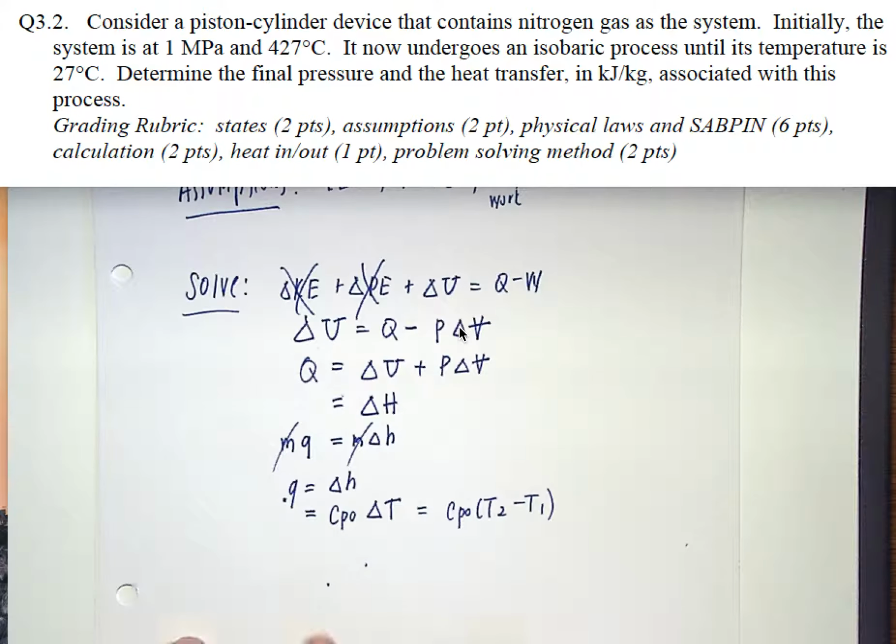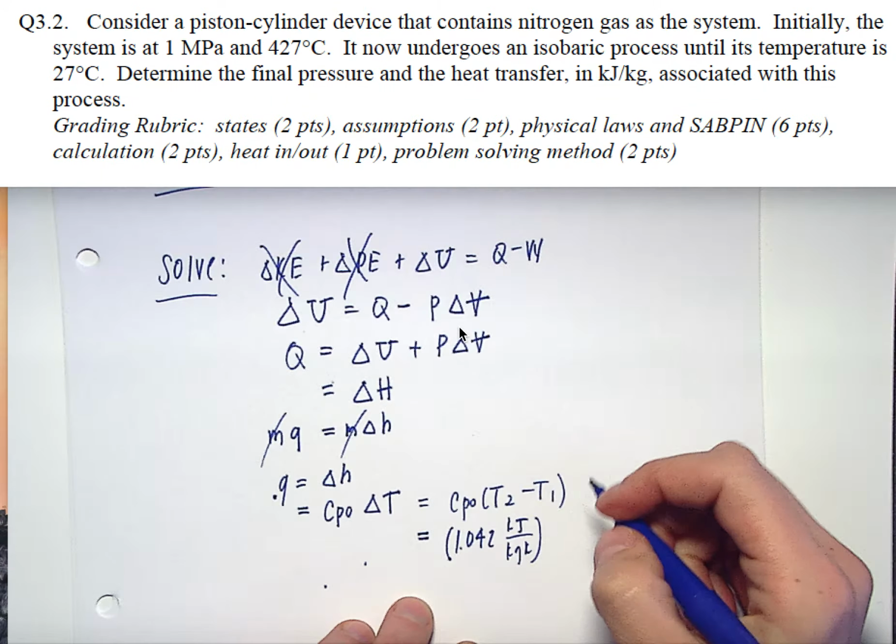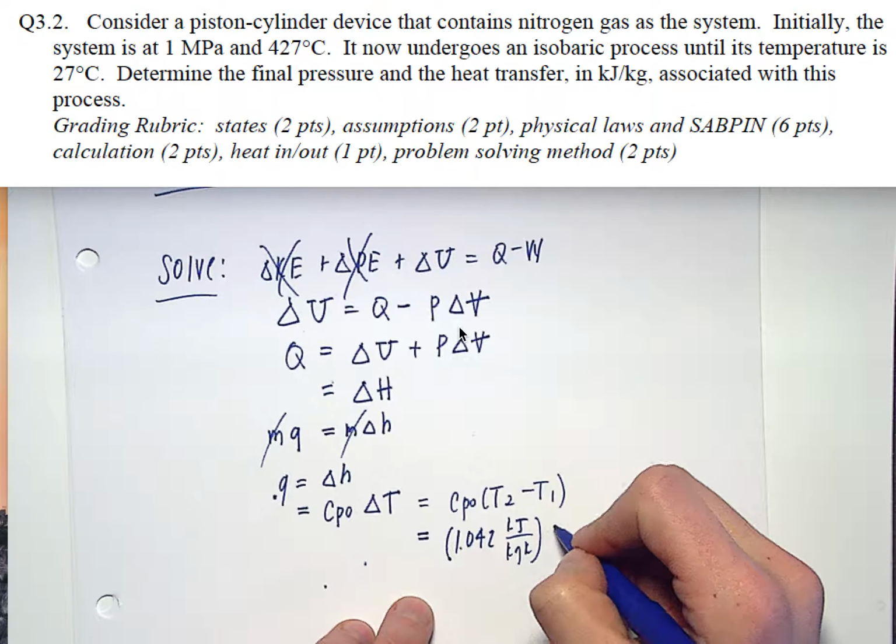And so going down and plugging that in down here, I'm going to get 1.042 kilojoules per kilogram Kelvin. And then since this is a change in temperature, if you remember that changes in absolute and relative temperatures are the same, you actually don't have to even bother calculating the Kelvin. You can just keep it in Celsius.